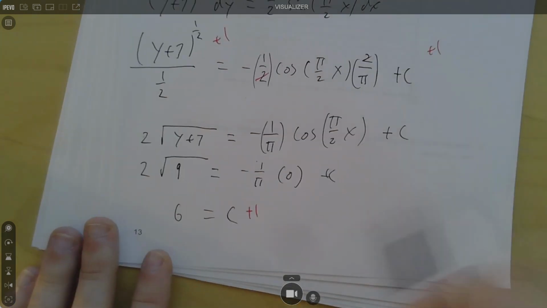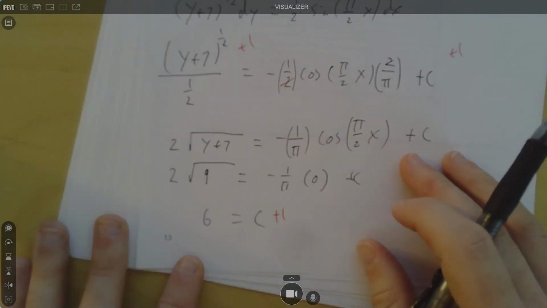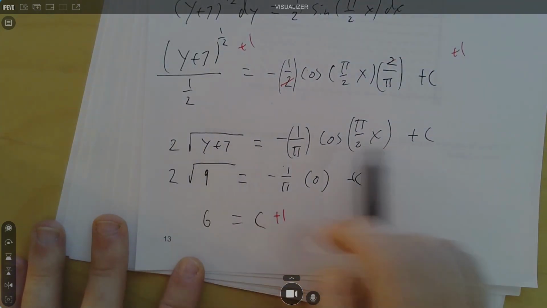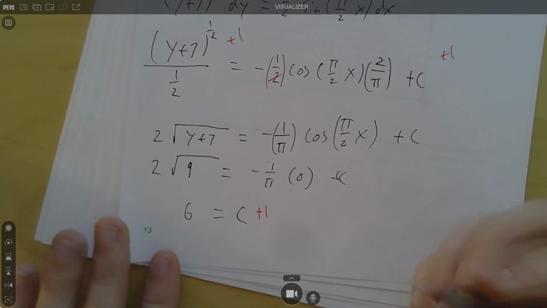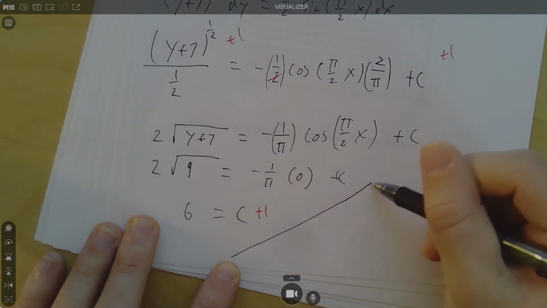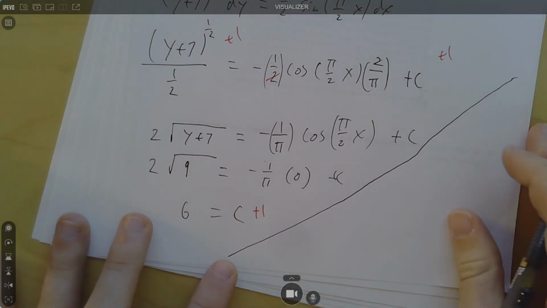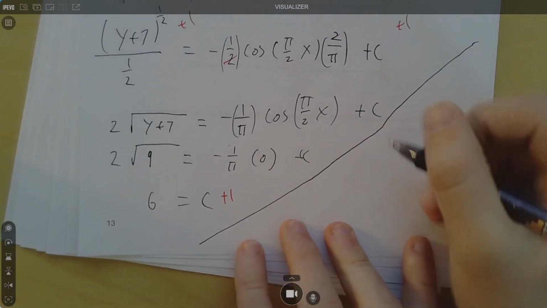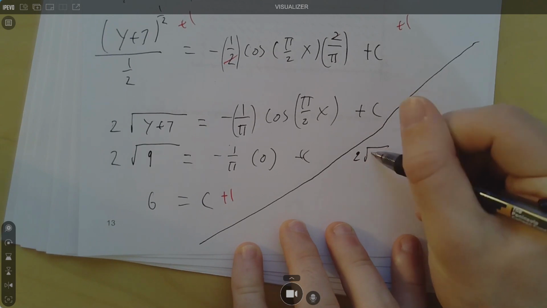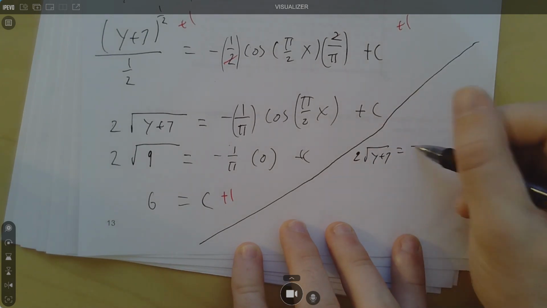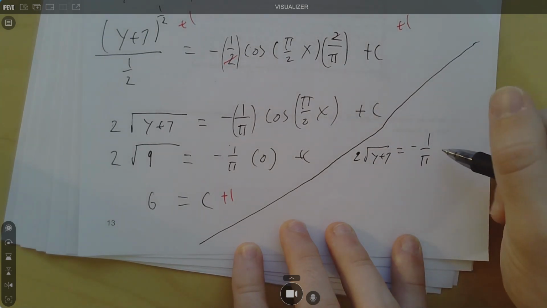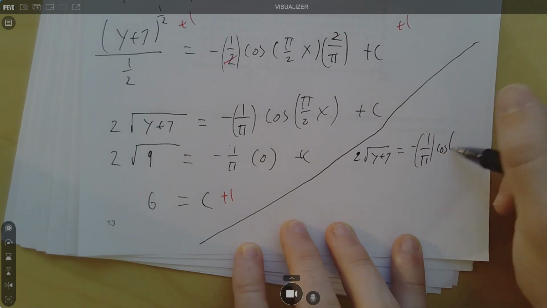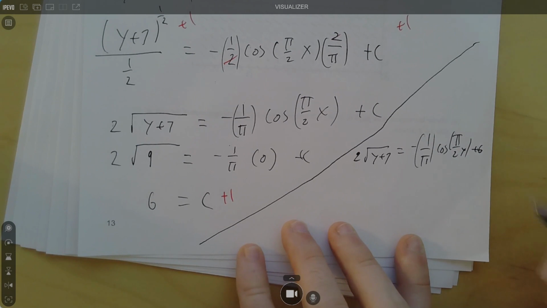We're on our last step. So now we know c is 6. We just go back here, and we're going to replace the c with a 6. Kind of draw a line here to show you I'm on the next stage. So we're going to do 2 root y plus 7 equals negative 1 over pi cosine pi over 2x plus 6.